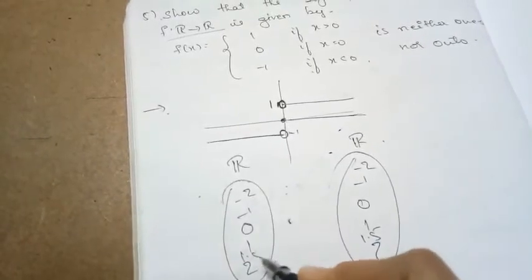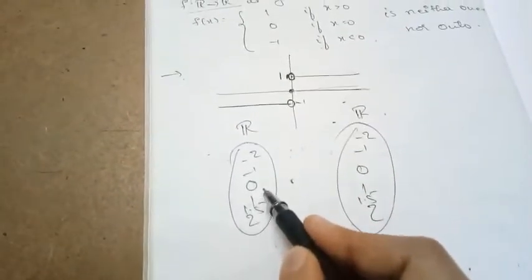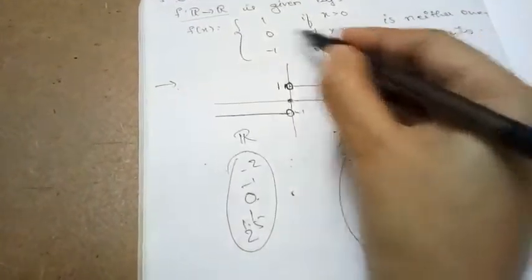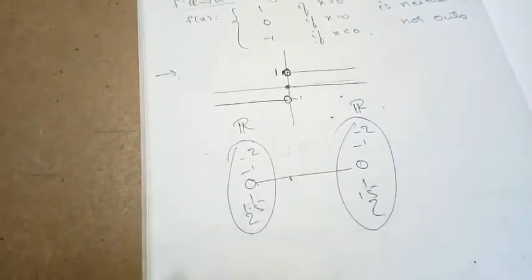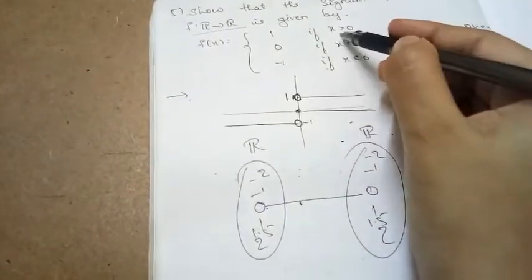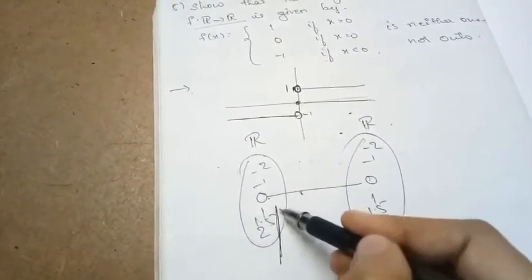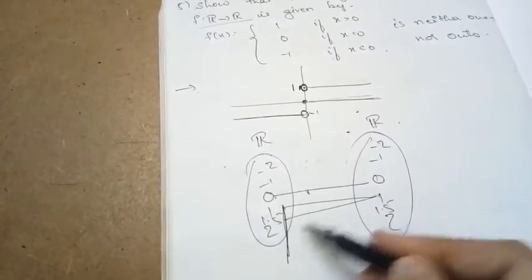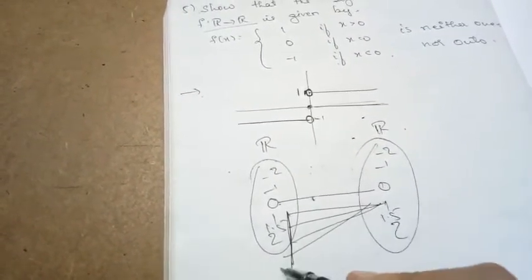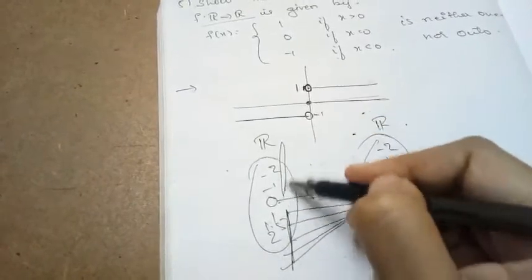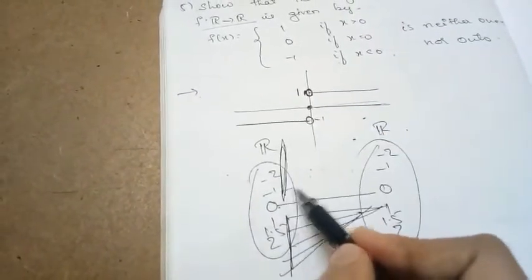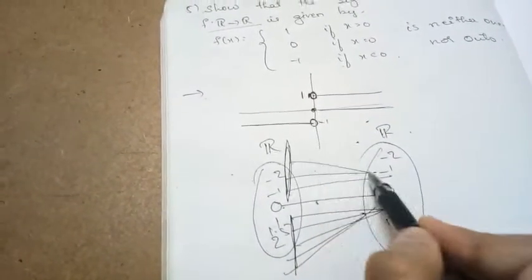When x is equal to 0, f of x is 0. For all the x values greater than 0, it is going to 1 itself. And for all the negative values, we are going to get minus 1 only.